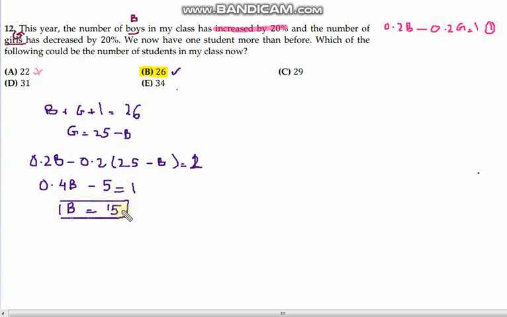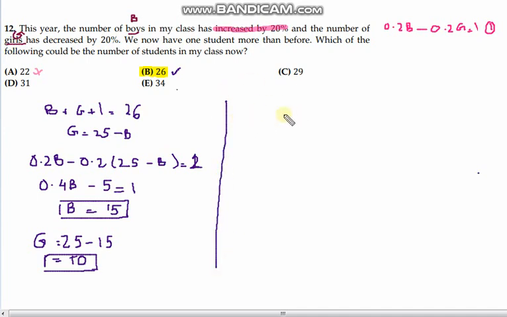Right? And the number of girls in our original class is 25 minus B, which is 25 minus 15, and that works out to be 10 girls in our original class. Now, this is working out really well because the number of students in our original class has to be 25, and 15 plus 10 is 25. Now let's see if it works out for the number of students in our new class. For boys, it is 1.2 times 15, and that, it turns out, is 18 boys in our new class.